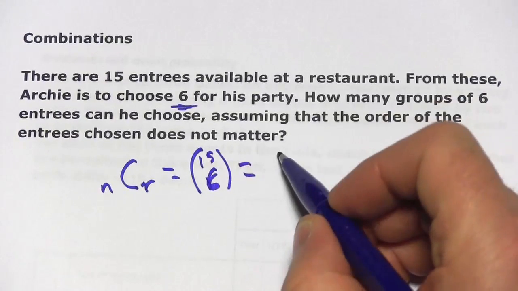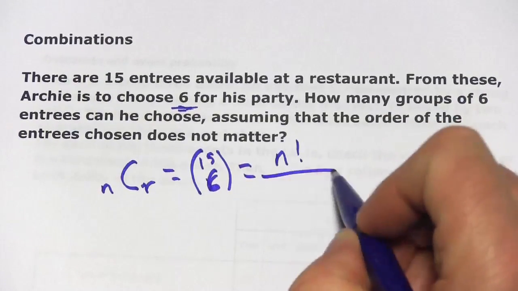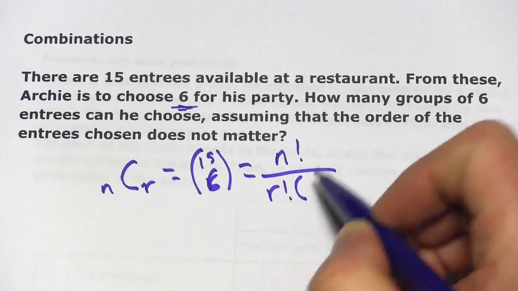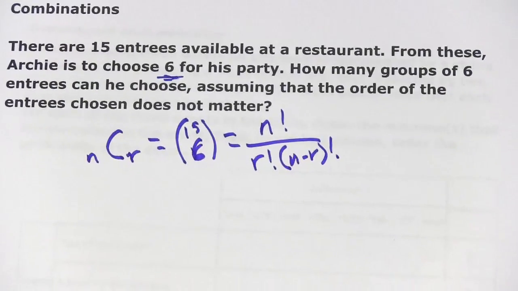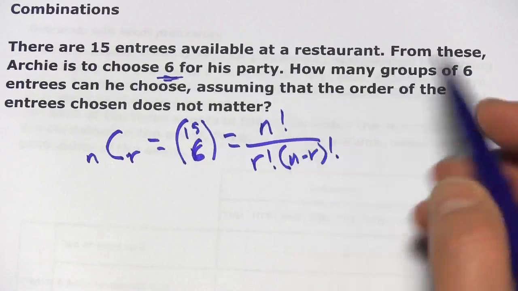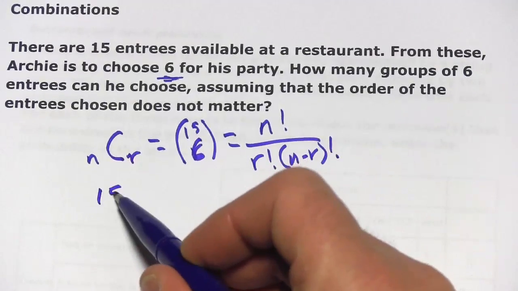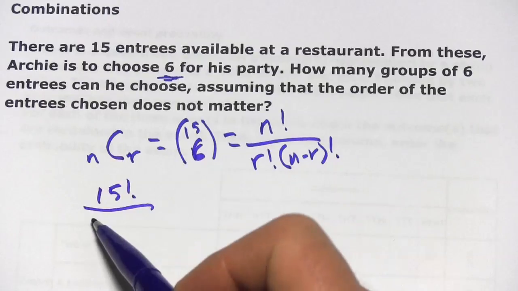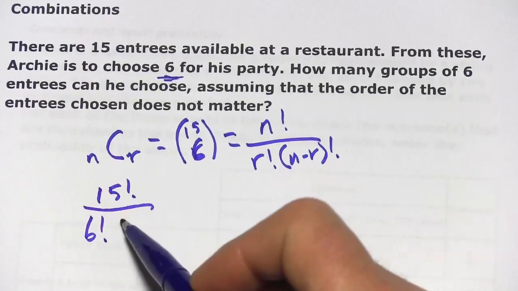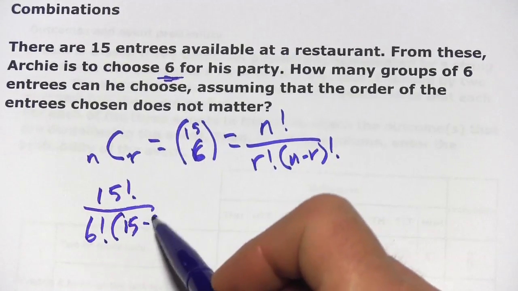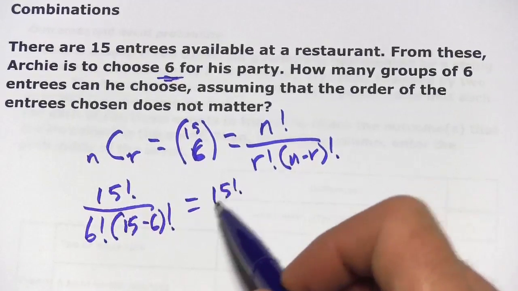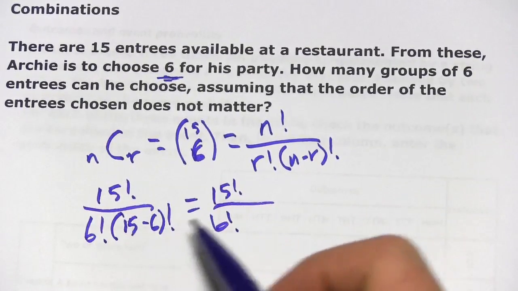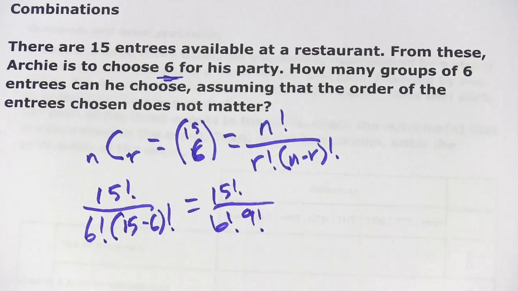And the formula for this is n factorial over r factorial times n minus r factorial. A lot of factorials there. In this case, it would be 15 factorial over 6 factorial times 15 minus 6 factorial. 15 minus 6 is 9, so times 9 factorial.